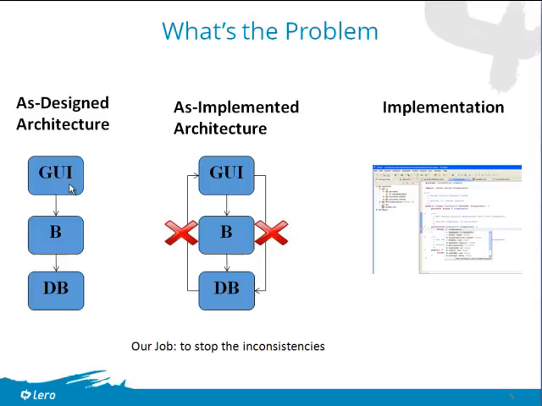So here's one typical architecture where the architect decides to break the system into three parts: the GUI, the business logic, and the database. So the front end, the business logic, and access to the information store. The architect may decide that there's only very limited connectivity between the GUI and the business logic. There's a very small interface.